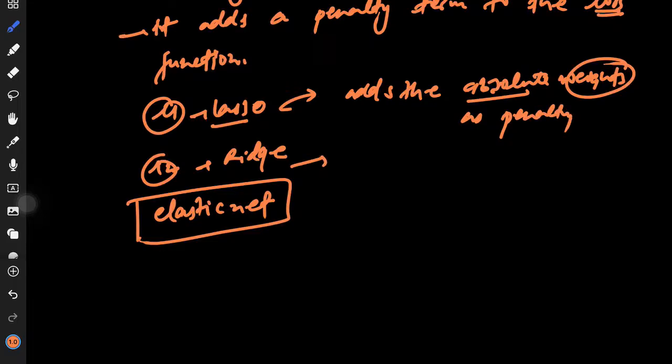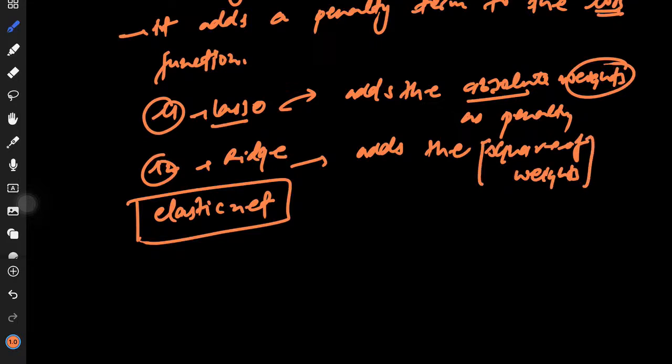In L2 we add the square of weights as penalty.